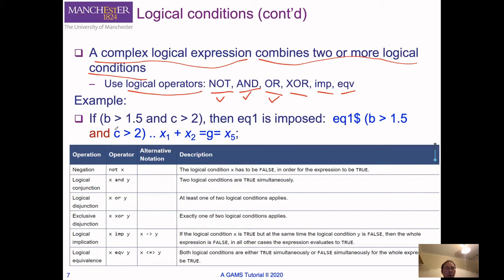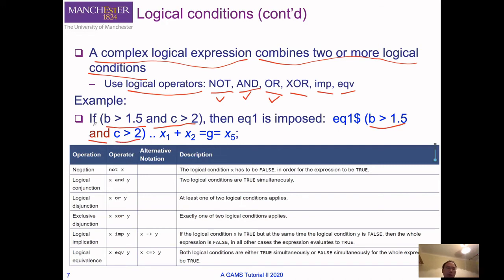For example, if we have the logical condition like b is greater than 1.5 and c should be greater than 2, then we can write b is greater than 1.5 and use the and logical operator, and then c is greater than 2.